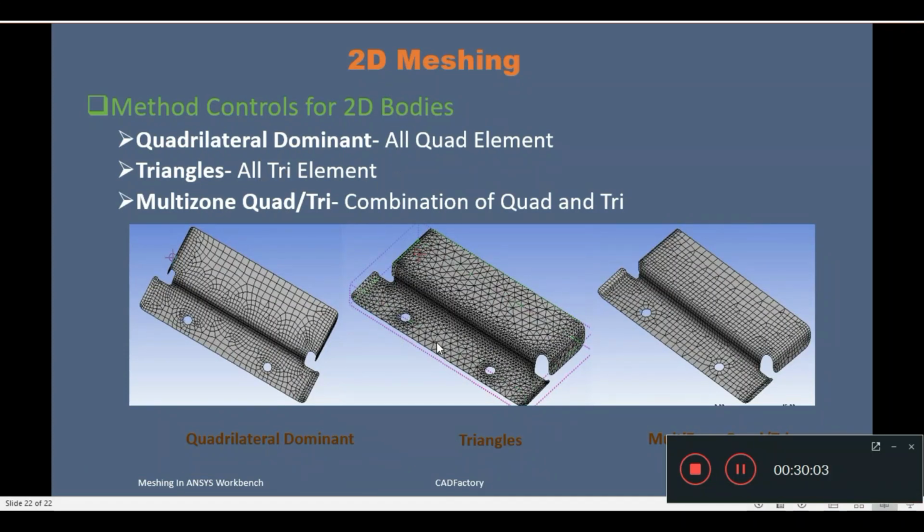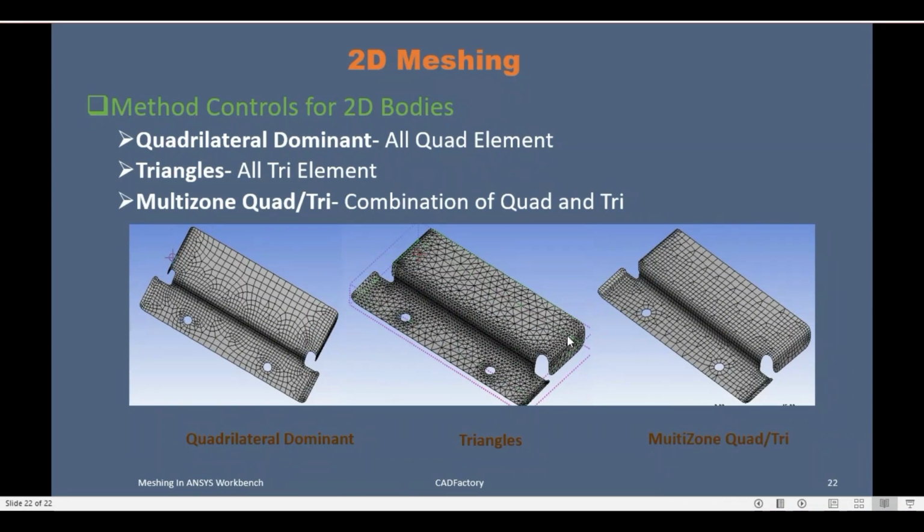This is a model I have created in the ANSYS Workbench, and here you can see I have generated the mesh by using these three methods. This is the quadrilateral dominant mesh, this is by using the triangles, and this is by using the multi-zone quad element.